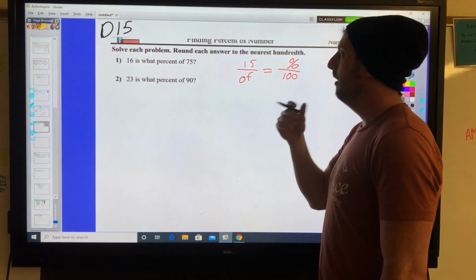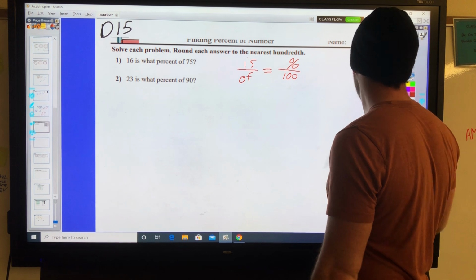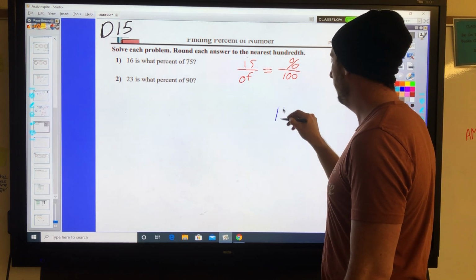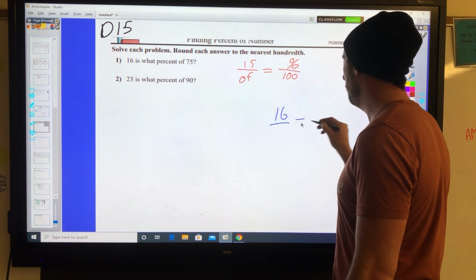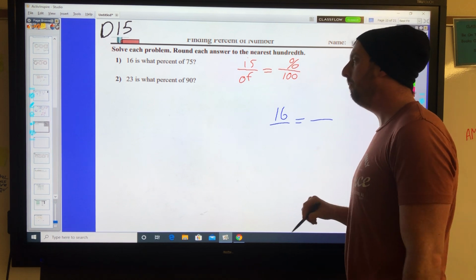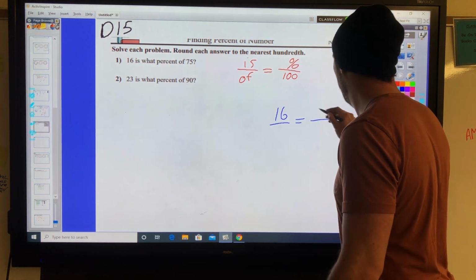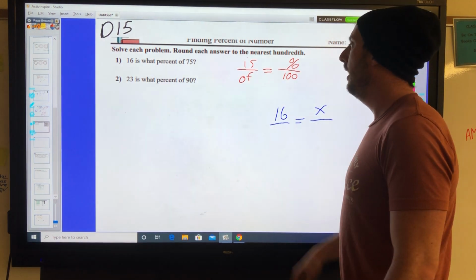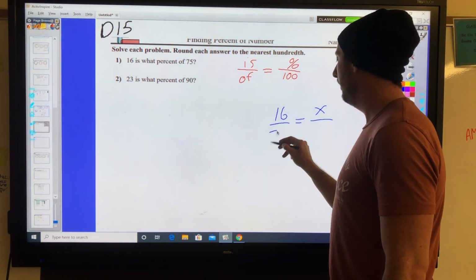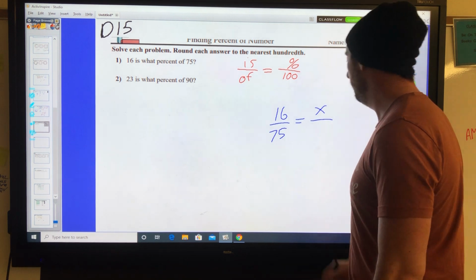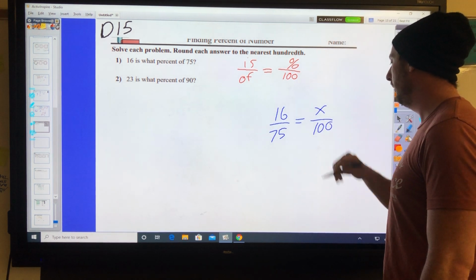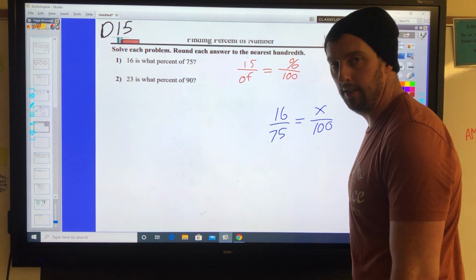Got it? So let's fill it in. Number 1. 16 is. So I know that the 16 goes on the top of my proportion. What percent? Do we know what the percent is? No, so we gotta throw an X there. Of 75, 75 should go in the bottom left then, and 100 always goes in the bottom right.